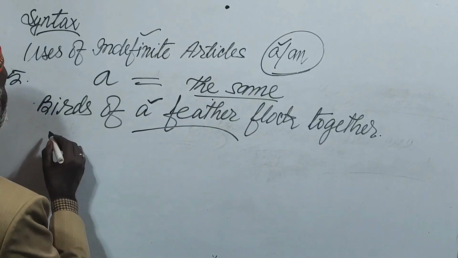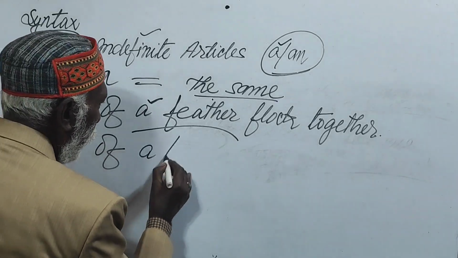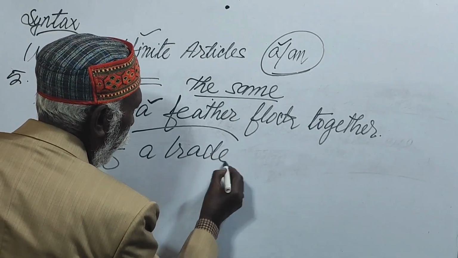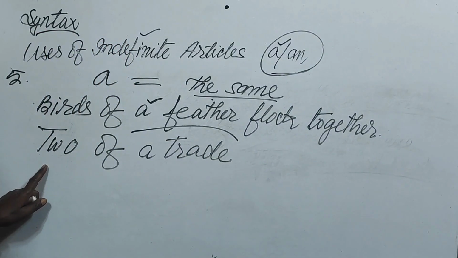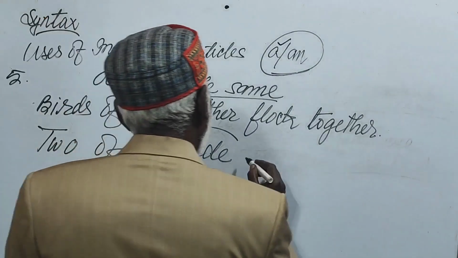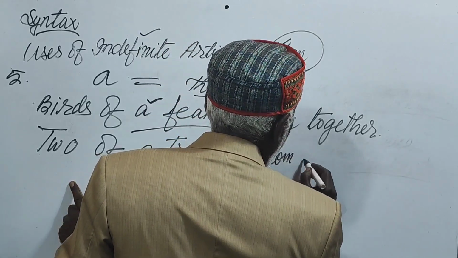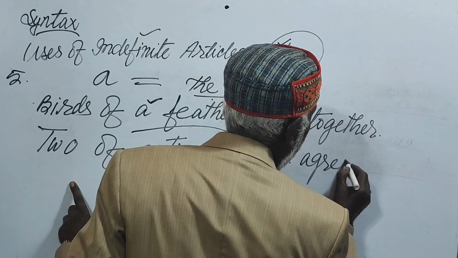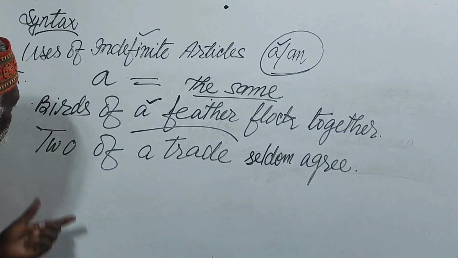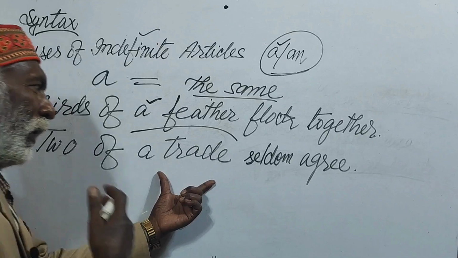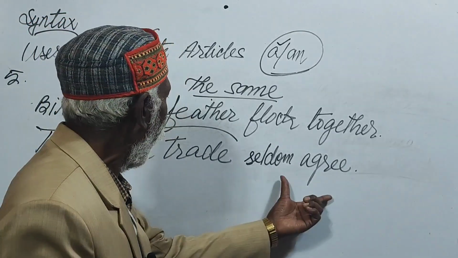Two of a trade. Two of a trade, एक ही trade के लोग, दो लोग. Two of a trade seldom agree. They are always disagreeing. Two of a trade always disagree; they seldom agree.